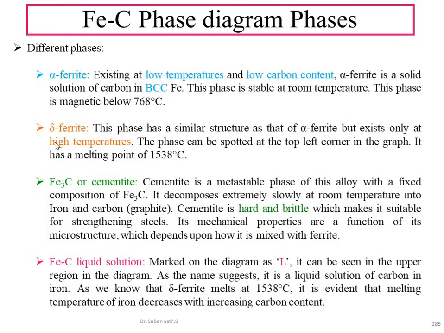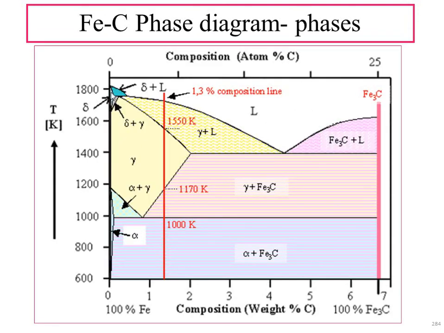So next is the delta ferrite. This phase has a similar structure to the previously discussed alpha ferrite, but it exists only at high temperature. Let us see where we have the delta phase. This is the delta phase. We can see that it exists at higher temperature.